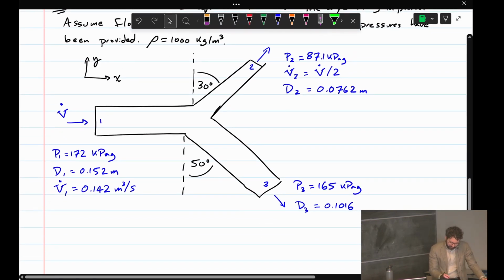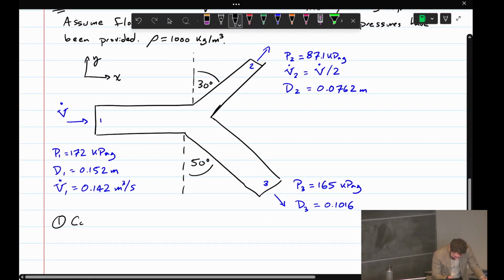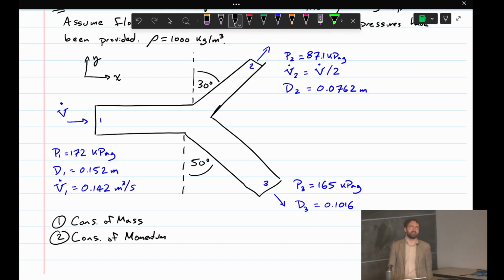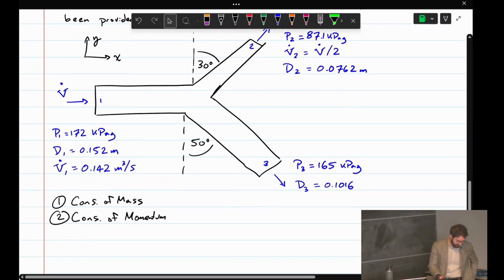Like I said, the first step is mass, the second step is momentum. And as a reminder, for conservation of momentum we need all the velocities. We can't go to conservation of momentum until we know all the velocities, or else we'll have too many unknowns when you set that up.